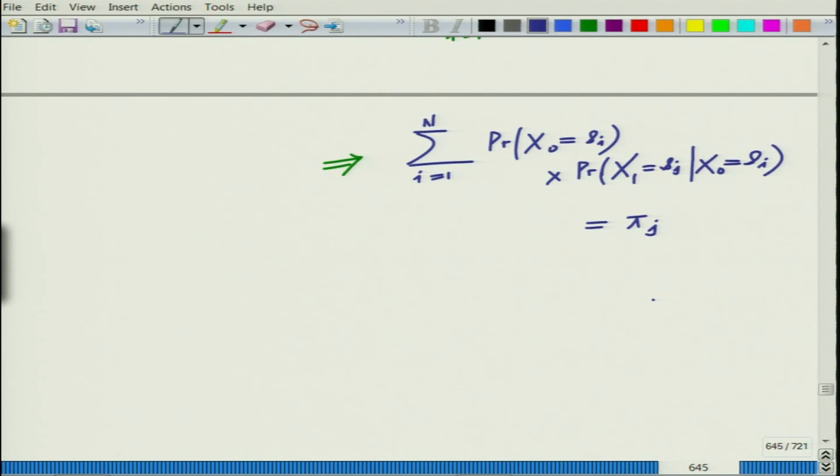This is nothing but the initial probability of x naught equal to s i times the transition probability that from x naught it transitions to x 1 equal to s j, summed over all possible s i.